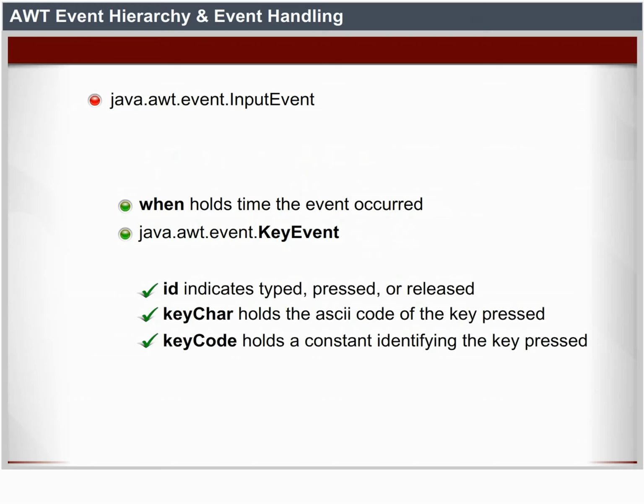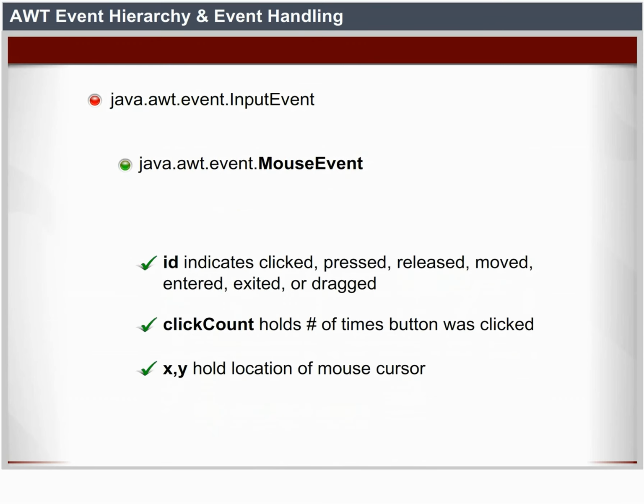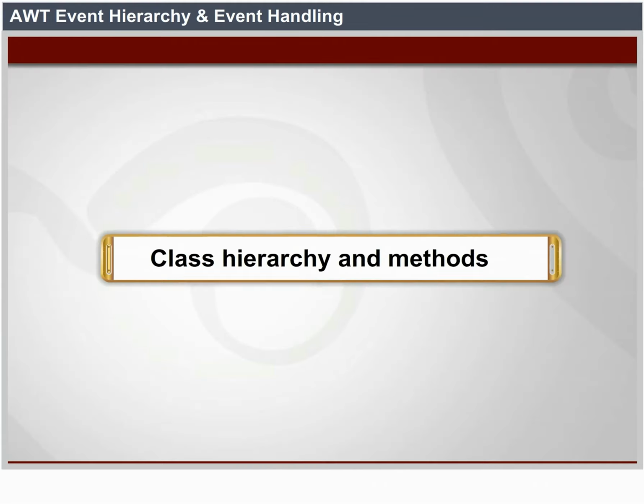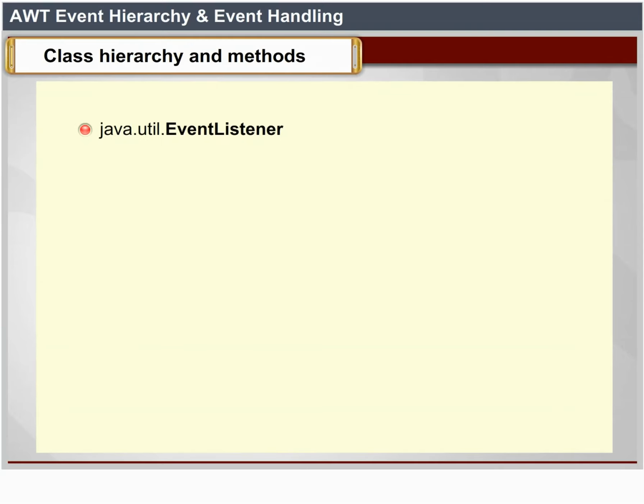Key code holds a constant identifying the key pressed. java.awt.event.MouseEvent: this indicates click, press, release, move, enter, exit or drag. Click count holds the number of times the button was clicked. X, Y hold the location of the mouse cursor. The class hierarchy and methods are as shown below.